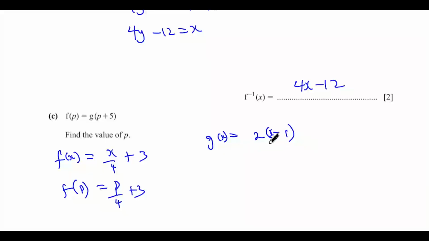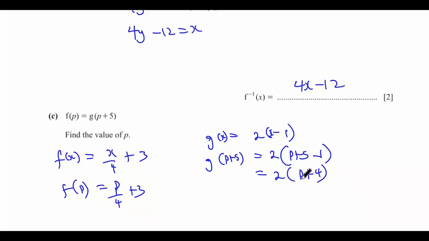Then g of p plus 5 will be 2 into, anywhere we see x, we put p plus 5, then minus 1. So this will give us 2 into p plus 4.